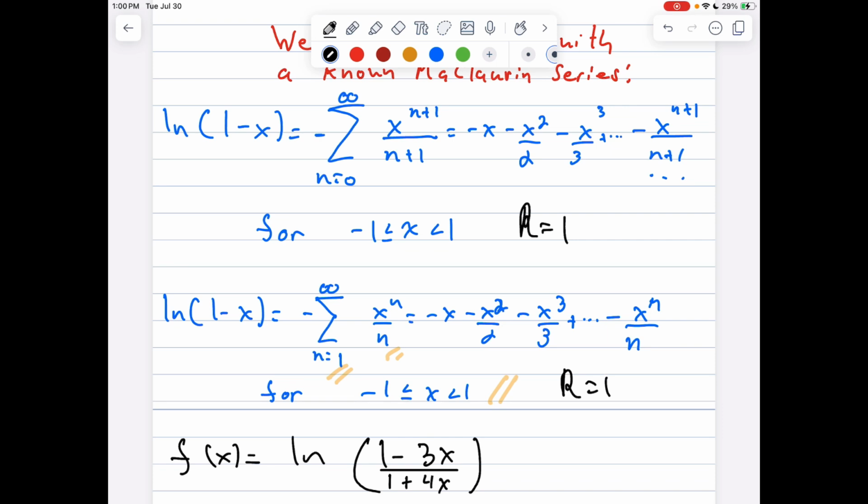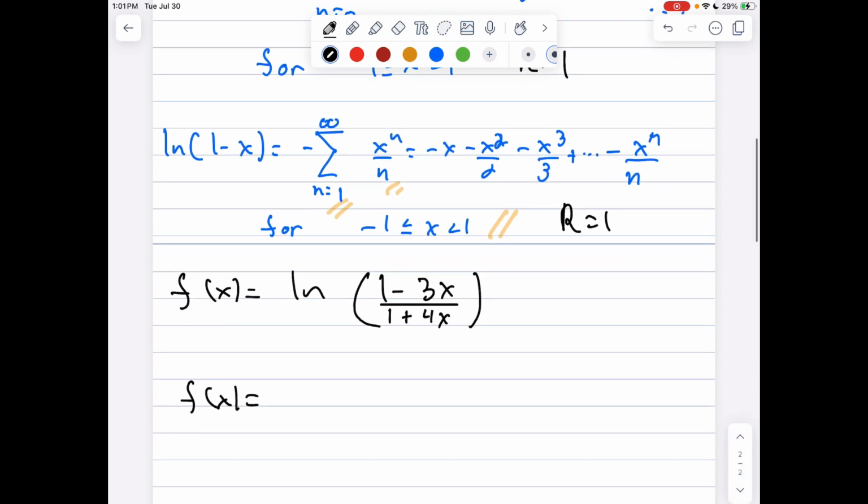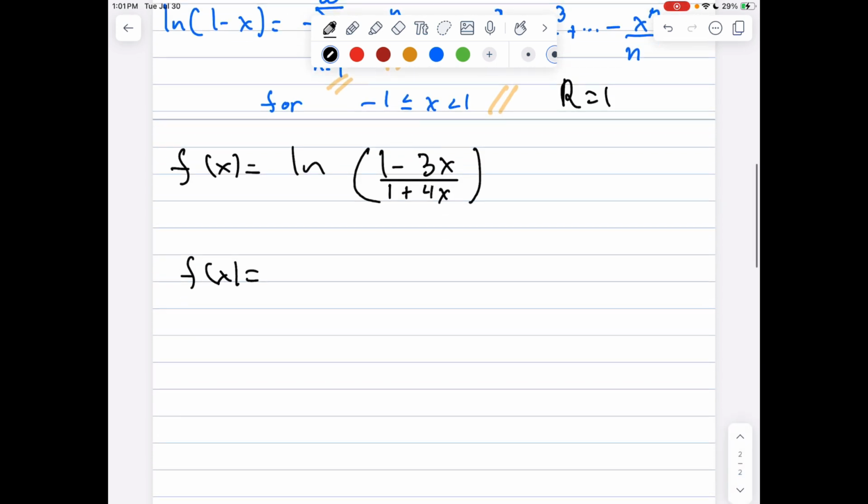Before we do, though, you will often have to simplify the function you're working with so you can use that information. Right now, it's really hard to use those representations that I just wrote. Here's what I'm going to do.